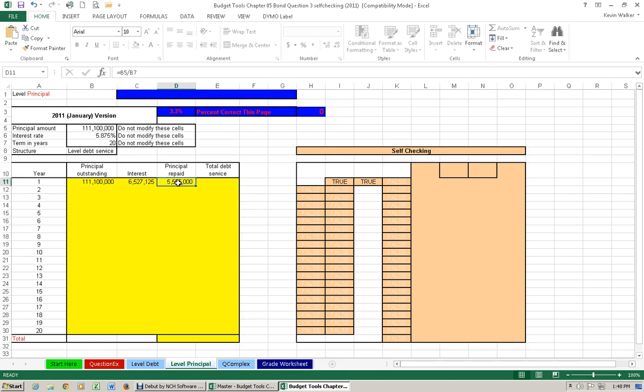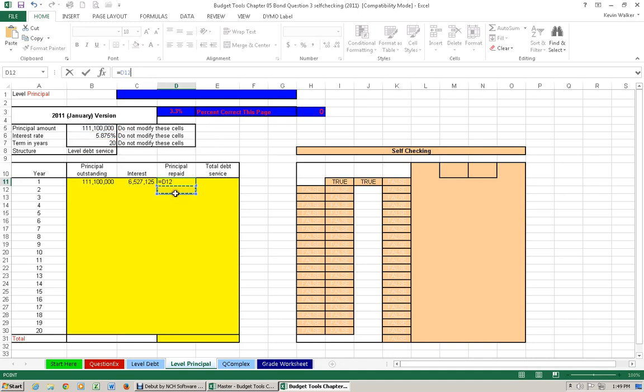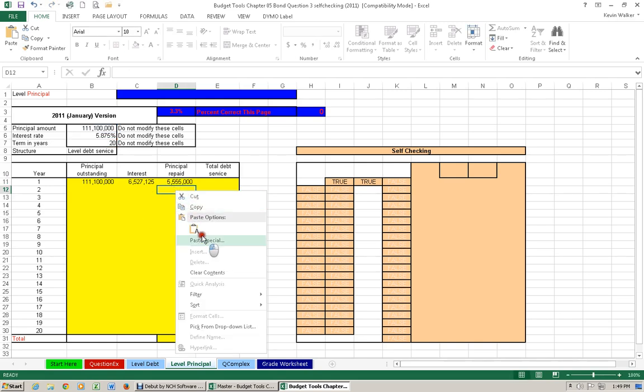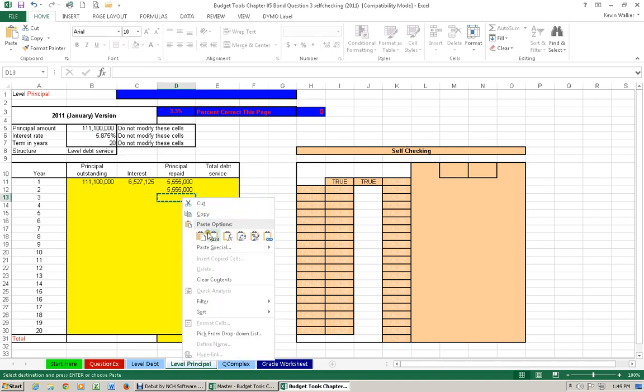This is the same right down the line because these are equal payments. All right, back up here. There we go. Enter. Since these are equal payments, I can just go right down the line.